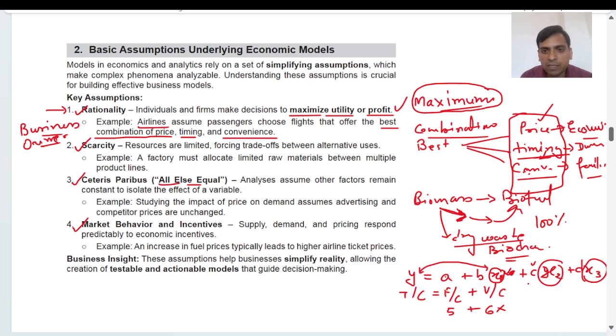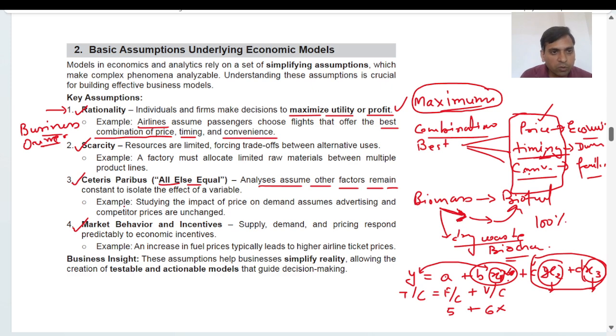Now if we fix the quantities x2 and x3, and only x changes, then in that situation we can consider all else equal. Analysis assumes other factors remain constant. So these two factors are constants and one is changing, constant to isolate the effect of a variable, right?